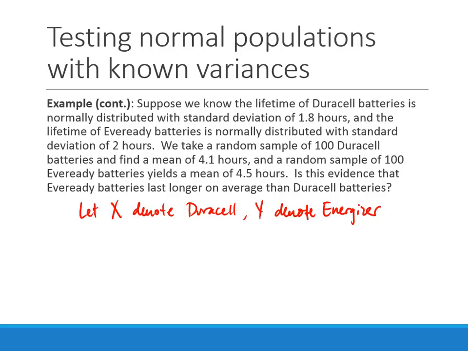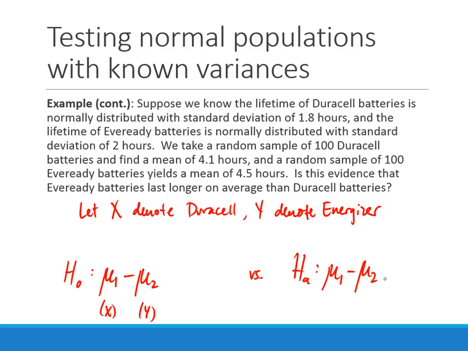So the hypotheses that I might want to test here, I want to say something about mu1 minus mu2, where mu1 is for X, mu2 is for Y. And then my alternative hypothesis is going to also involve the parameter mu1 minus mu2. And now I just need to fill in the hypothesized value and what inequality I'm looking at here.